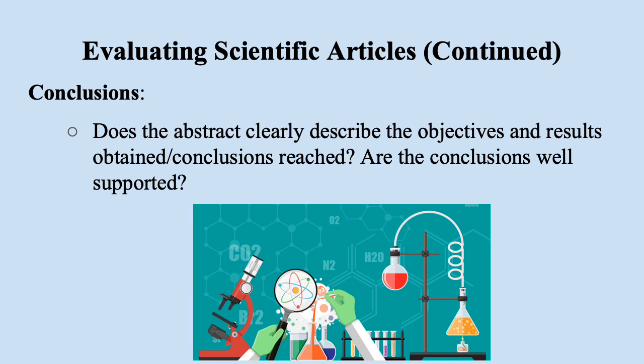So then you come to the concluding section to the scientific article, which is the conclusion. So you want to make sure that the way that the abstract describes the objectives and results is aligned with the conclusion. You also want to make sure the conclusion is well supported and that it follows logically from the rest of the paper.